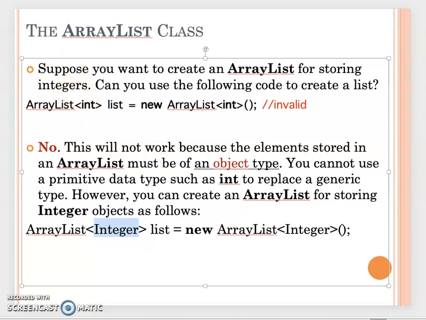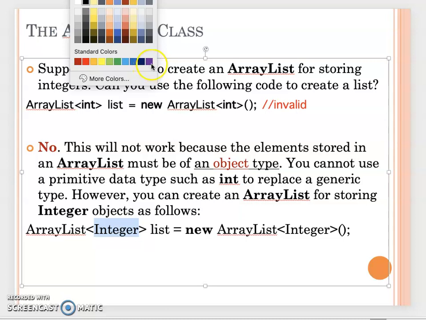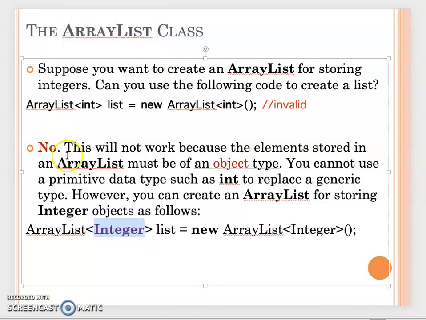Int just means the primitive data type, but uppercase Integer means an integer object. So if we want to create an array list containing integers, you need to use the Integer object, because array list can only contain objects. So you need to pay attention to that.